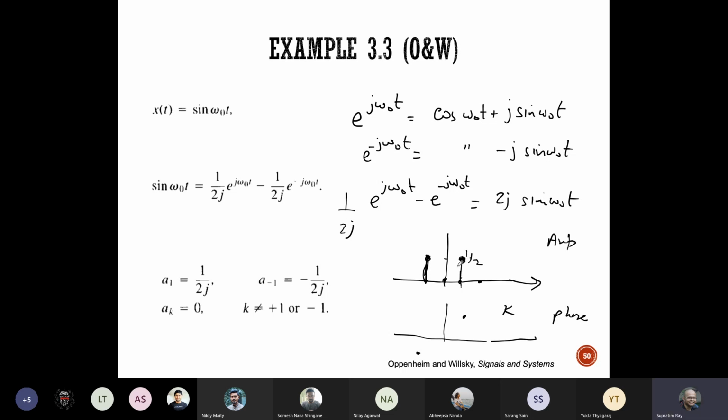So I've got one complex exponential of frequency omega naught, and one here whose phase is the opposite of what we have here. When you add them up, you get the real signal back.